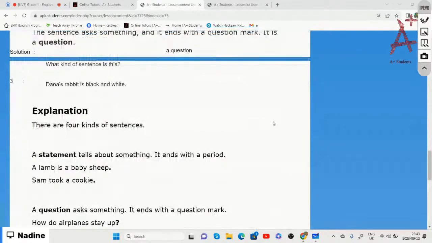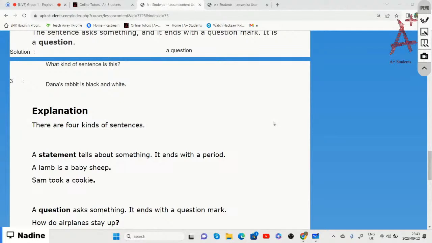Dana's rabbit is black and white, and it ends with a period. What kind of sentence is this? Is it a statement, a question, a command, or an exclamation?